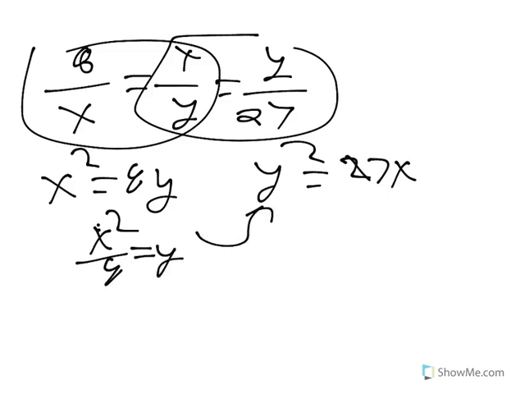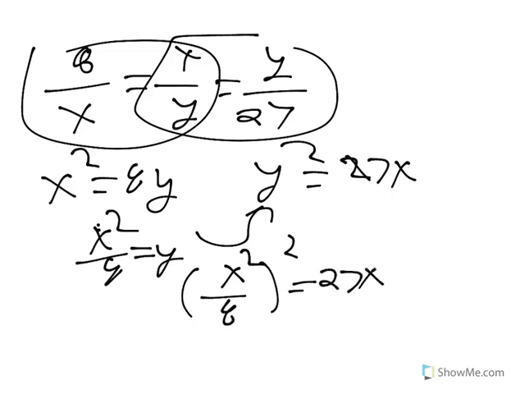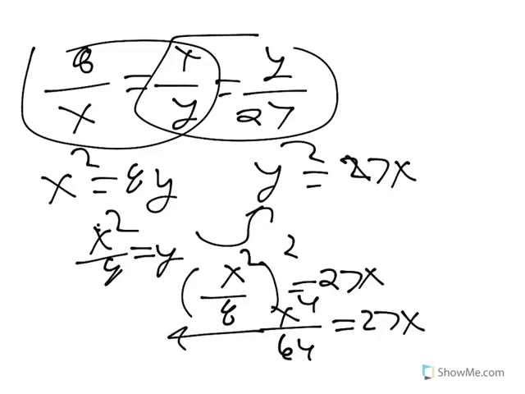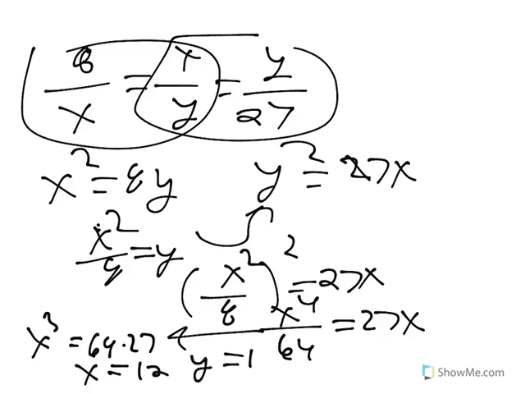Substitute that y into here, so we get x squared over 8 squared equals 27x, or x to the 4th over 64 equals 27x. Multiply both sides by 64, divide both sides by x. X cubed equals 64 times 27, or x equals 12. And if you plug into these other equations, you get y equals 18. So 12 and 18 are the 2 mean proportionals.